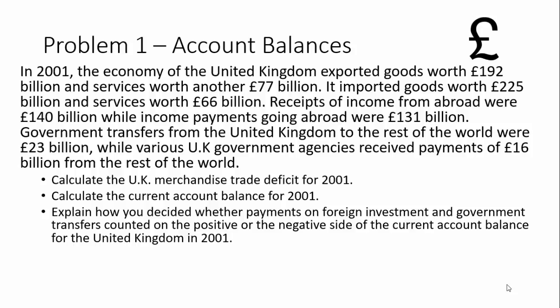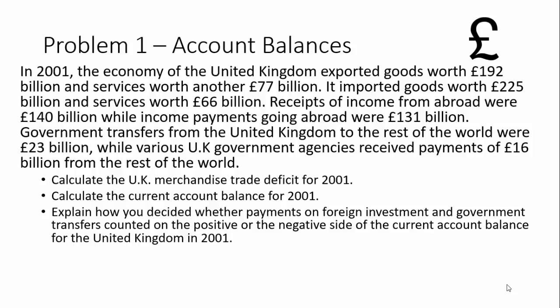Receipts of income from abroad were £140 billion, while income payments going abroad were £131 billion. Government transfers from the United Kingdom to the rest of the world were £23 billion, while various UK government agencies received payments of £16 billion from the rest of the world.